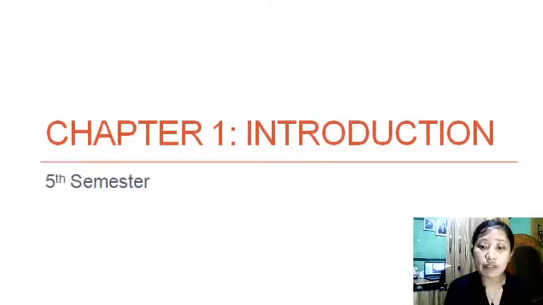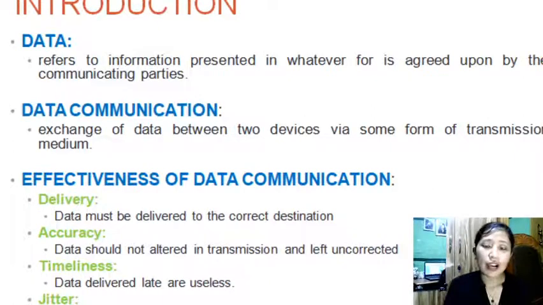Okay, so communicating with each other is nothing but they will be able to share the information or the data with each other. So before understanding the various features of computer network, we need to know some of the basic terms. And those are, what exactly is data? So data is nothing but the information that the devices will be communicating with each other.